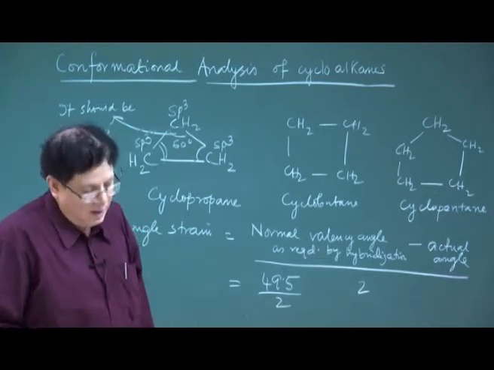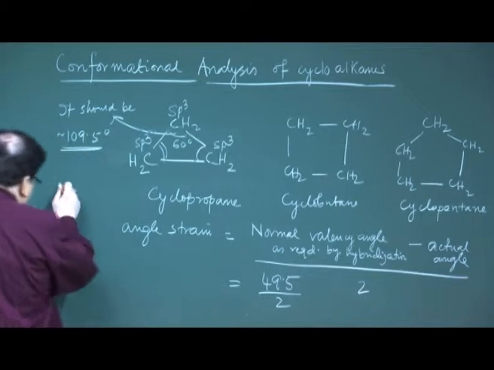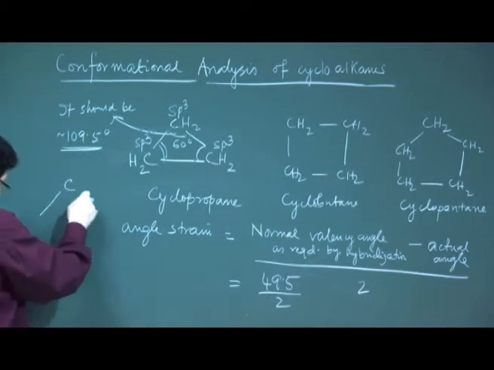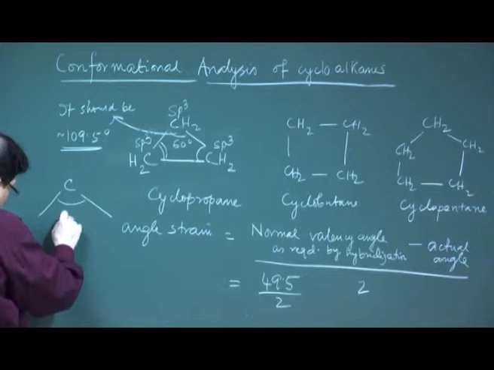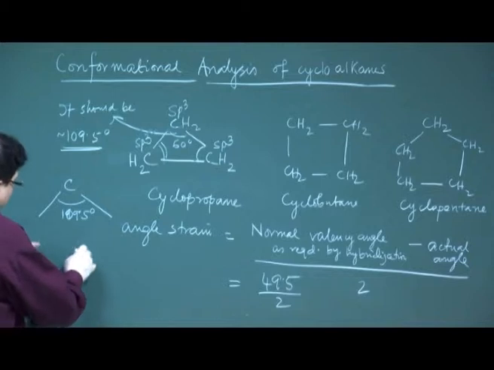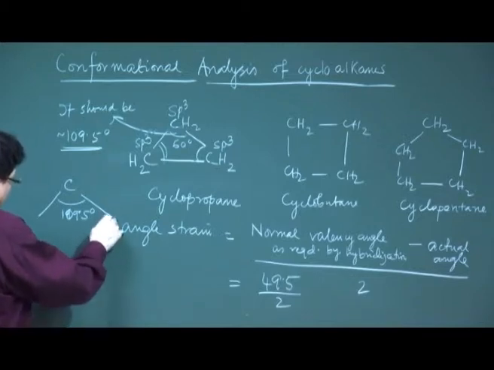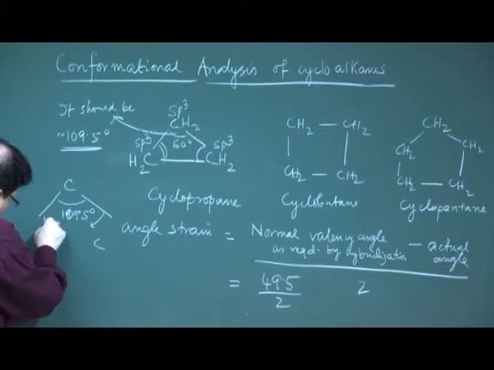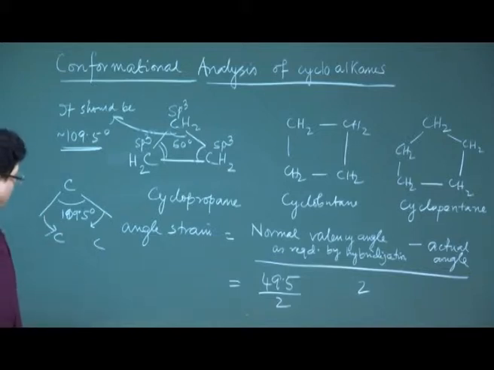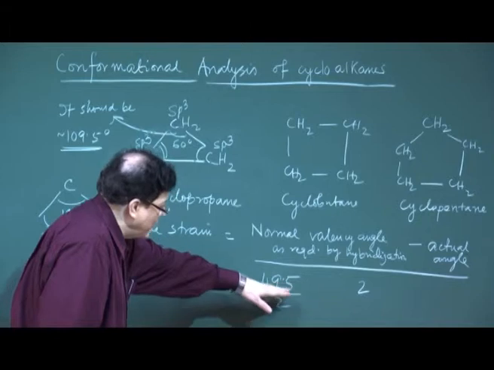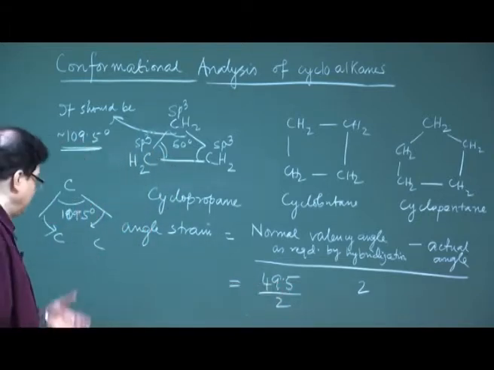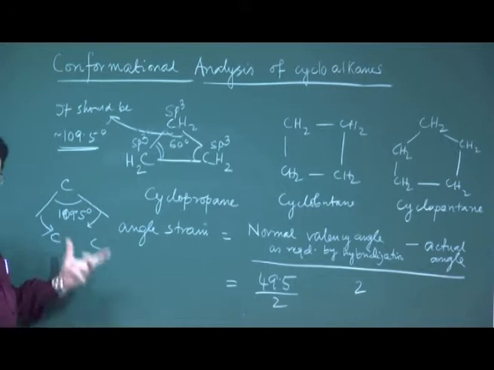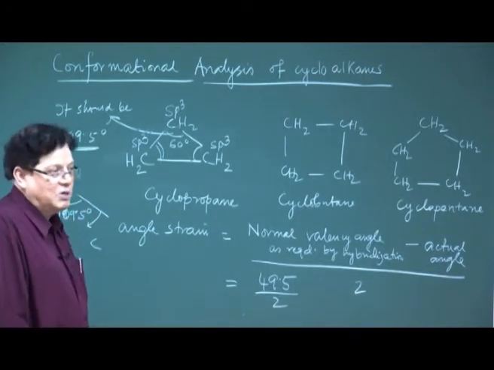Why divided by 2? Because if you have the normal valency angle like this, 109.5 degrees, in order to make cyclopropane, what you have to do? You have to bring this bond towards this carbon, and you have to bring this bond towards this carbon. So, ultimately this 49.5 degree deviation is evenly distributed between both the bonds. Okay.